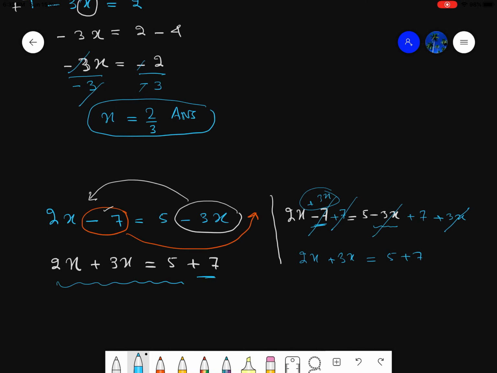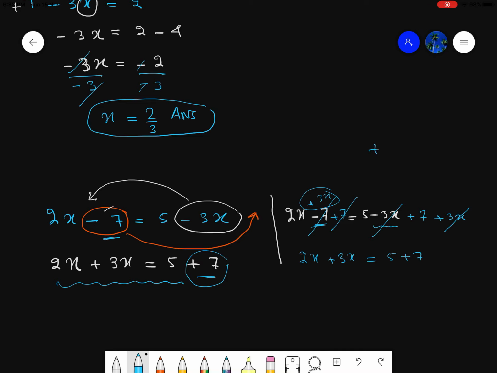In simple words, we can say that when we move -7 from one side of the equation to the other side, it becomes +7. Any negative number, when it is moved from one side of the equation to the other side, changes to positive. Or we can say that subtraction changes to addition, addition changes to subtraction, multiplication changes to division, and division changes to multiplication when we move it from one side of the equation to the other side.